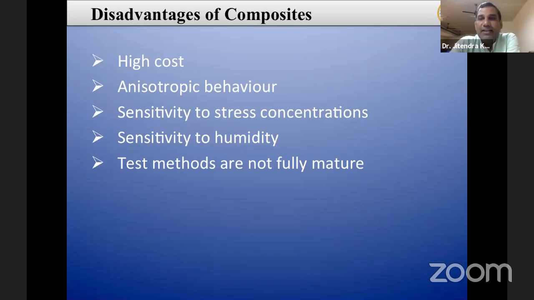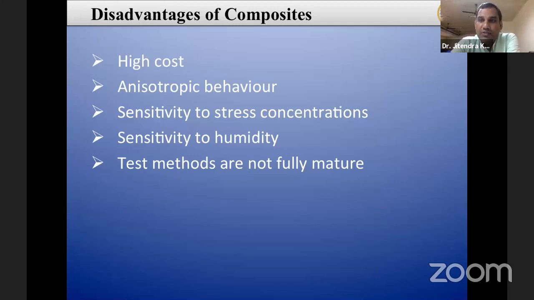So it has anisotropic behavior, not isotropic behavior. It is also sensitive to humidity and to stress concentration, because sometimes some places get more stress as compared to other places.